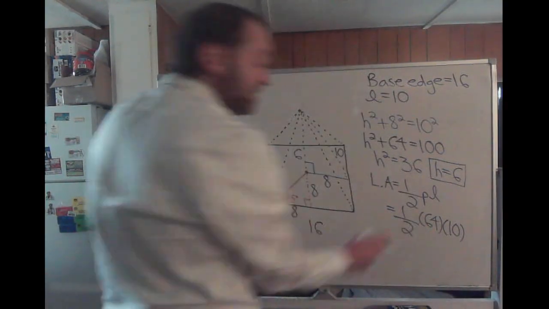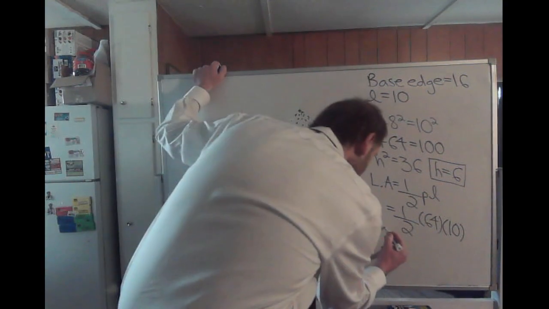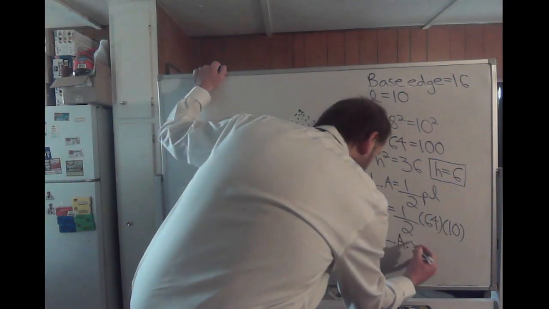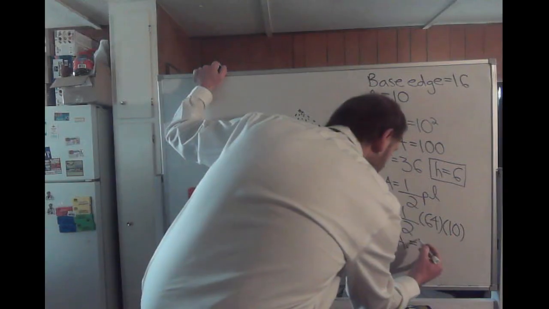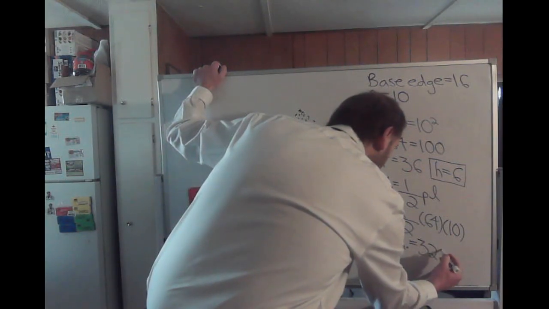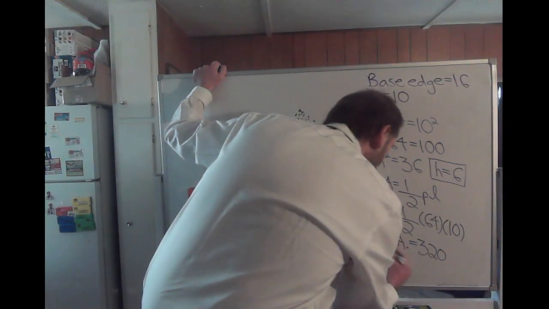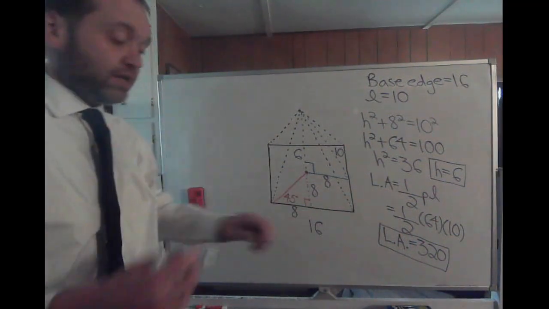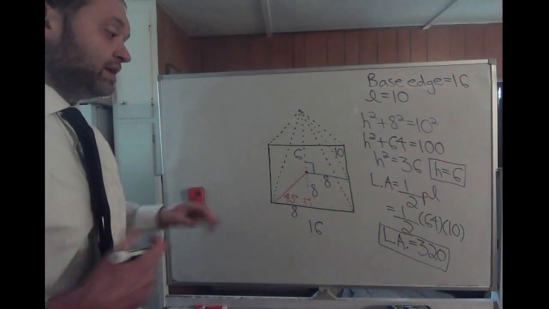What's half of 64? 32 times 10 is 320. So the lateral area of this pyramid is going to be 320 square units.